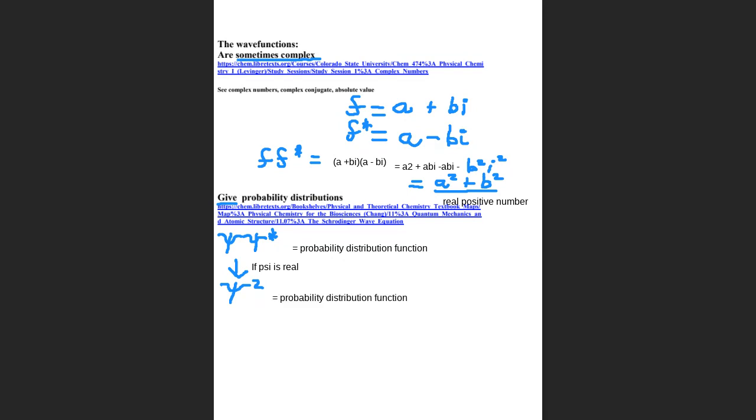Okay, so suppose this is the x-axis and I'll plot psi on the y-axis. Looking at this figure here I've drawn on the right-hand side, suppose psi looks something like this.